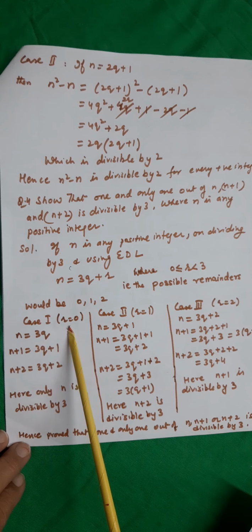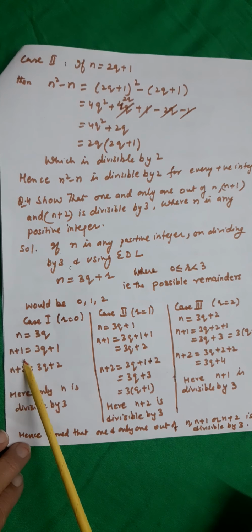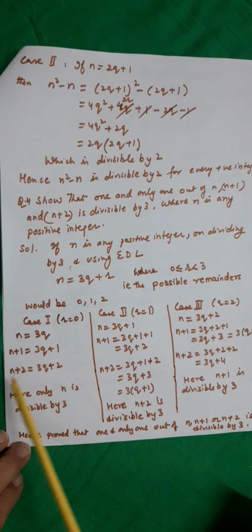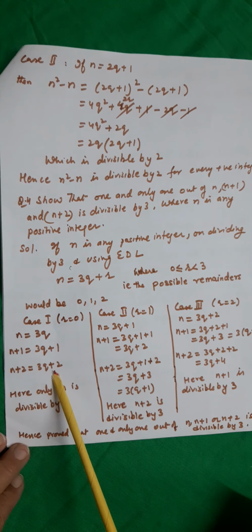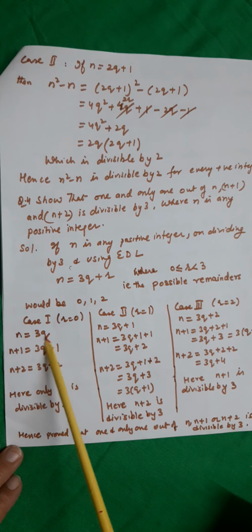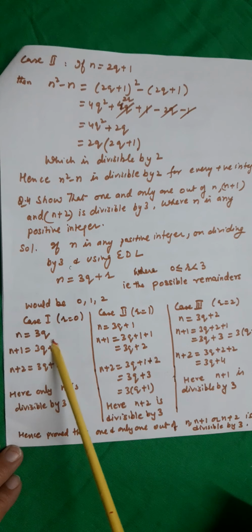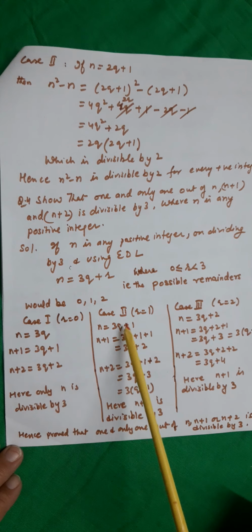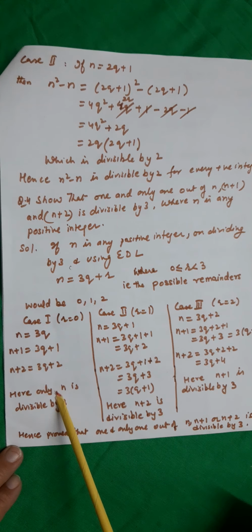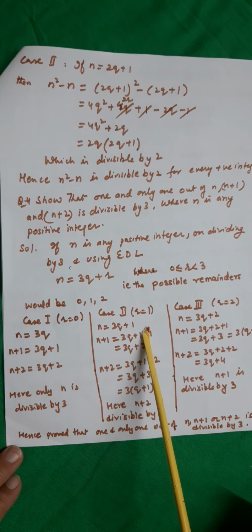Case 1, when r is equal to 0, then n will be equal to 3q. N plus 1 will be equal to 3q plus 1 and n plus 2 will be equal to 3q plus 2. Here only, if I notice, only n is the multiple of 3 or n is divisible by 3. Case second, when r is equal to 1, then n will be equal to 3q plus 1.